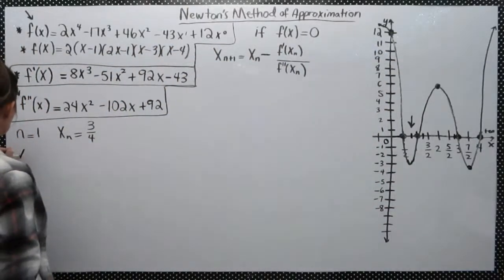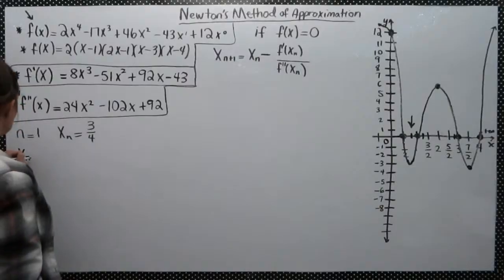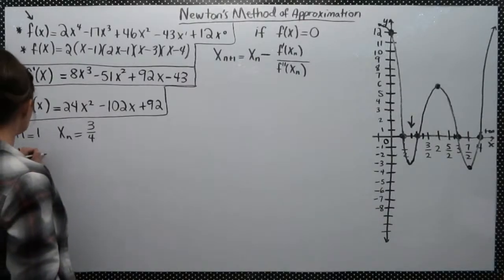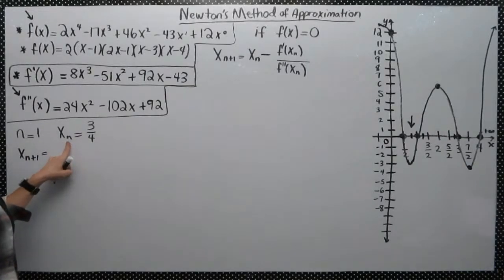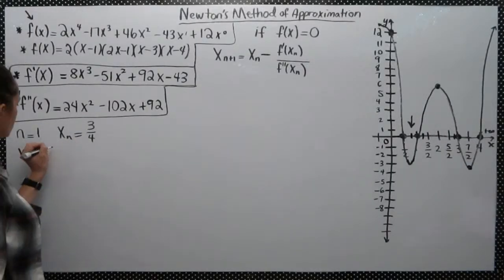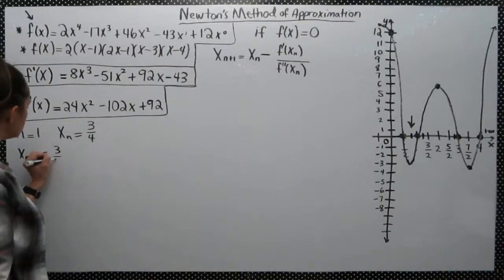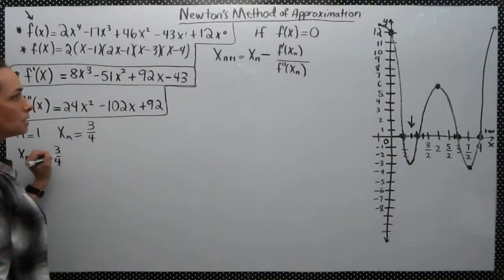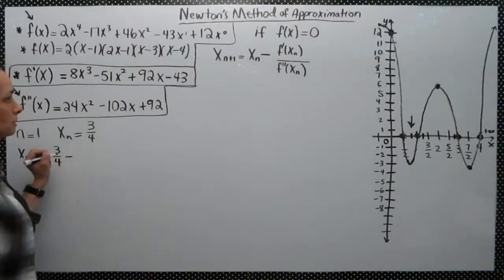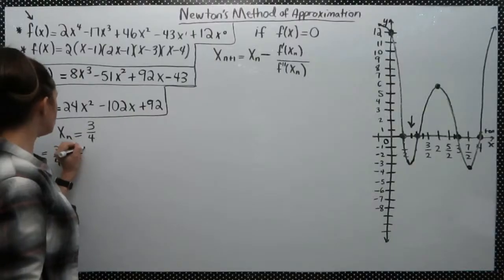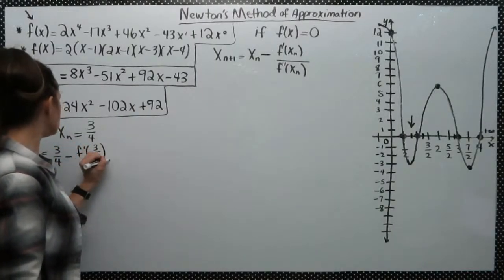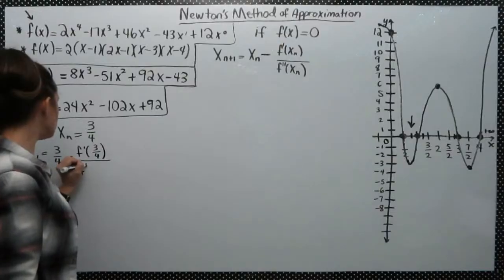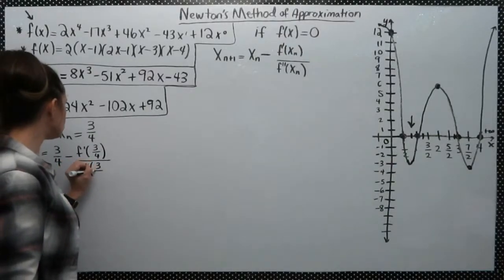So we have x sub n plus 1 equals x sub n. For n equals 1, it's 3/4. So we'll say 3/4, minus f prime of 3/4 divided by f double prime of 3/4.